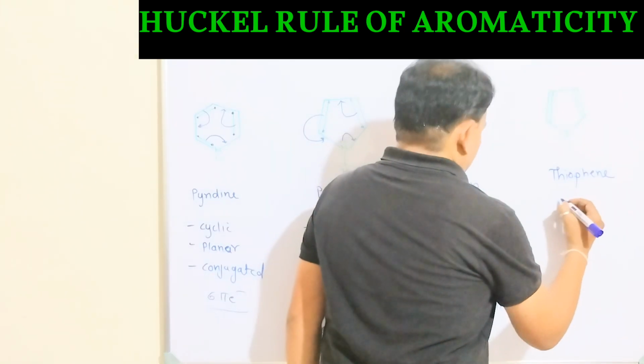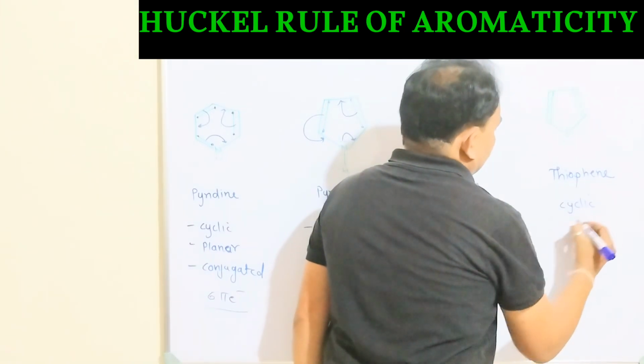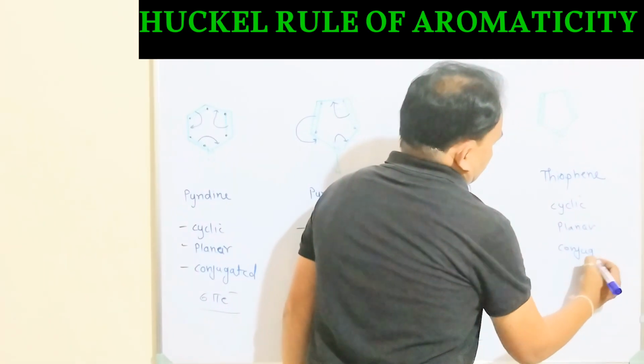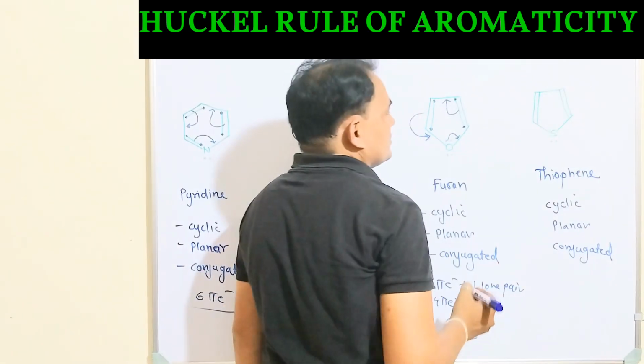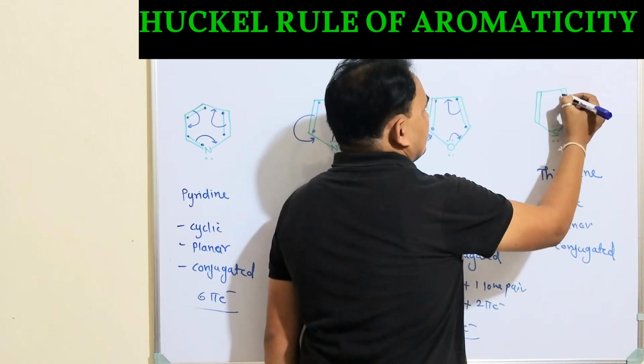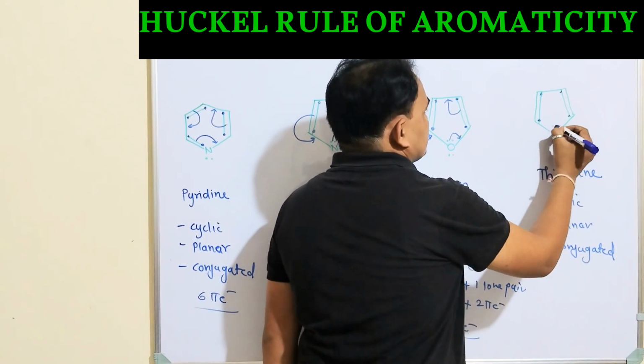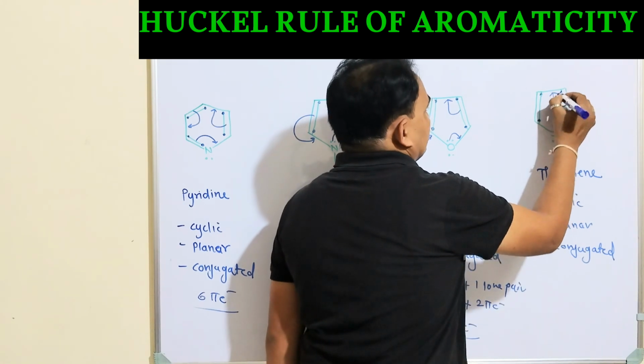Then thiophene is cyclic, planar, and conjugated also. How conjugated? Here 4 pi electrons are there and one lone pair is there. Here two single bonds are there, but the lone pair is involved in conjugation.